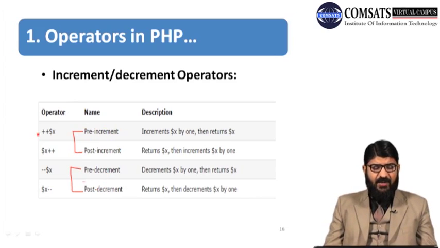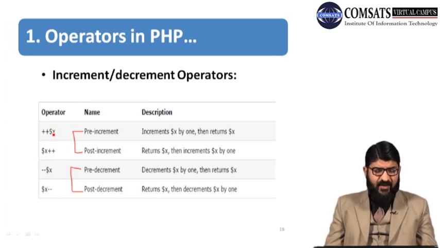For pre-increment you can see plus plus $X. It basically increments the value of X by 1 and then returns the value of variable X, while $X plus plus returns X and then increments the value of X by 1.